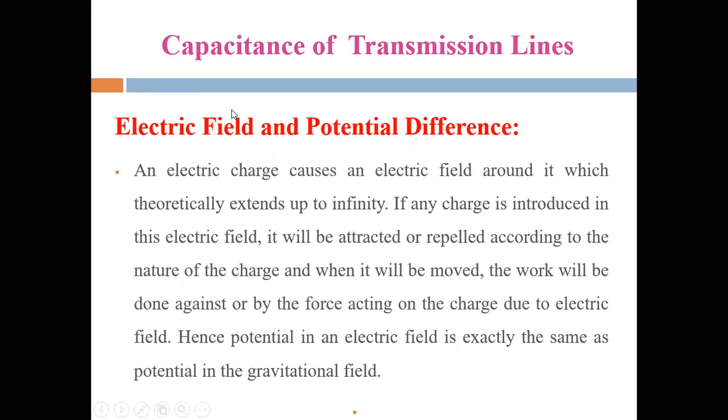Next, coming to the electric field and potential difference. What is meant by the electric field? An electric charge causes an electric field around it, which theoretically extends indefinitely. If any charge is introduced in this field, it will be attracted or repelled according to the nature of the charge and the field.